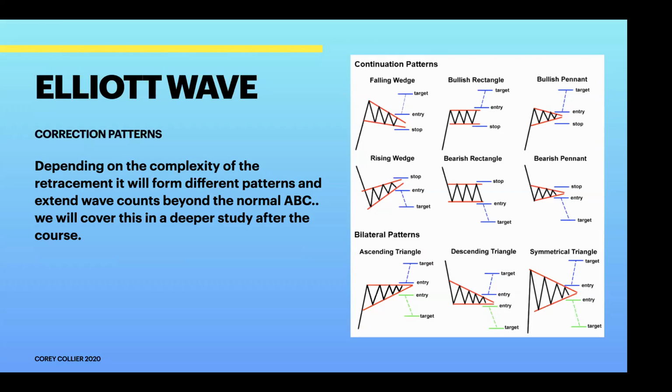Those are different, complex retracement waves. So they'll use letters from A, B, C, D, E, F. Sometimes we'll use W, X, Y, Z, and things of the sort. That's all stuff that I get deeper into in the advanced course. I cover Elliott Wave only in the advanced course.